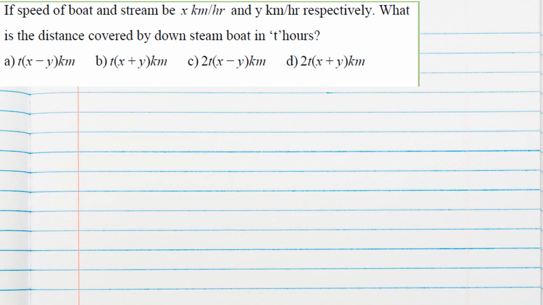The speeds of the boat and stream are x kilometers per hour and y kilometers per hour respectively. What is the distance covered downstream in t hours? See, downstream is asked in t hours. So we know, if x is the speed of the boat and y is the speed of the stream or water, then the downstream speed is x plus y.